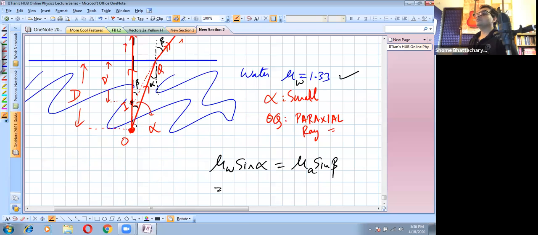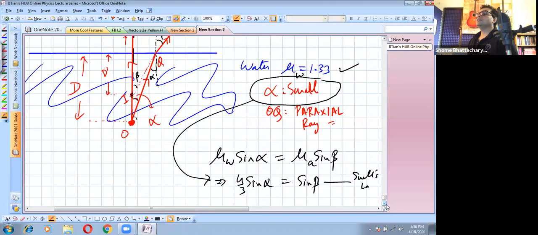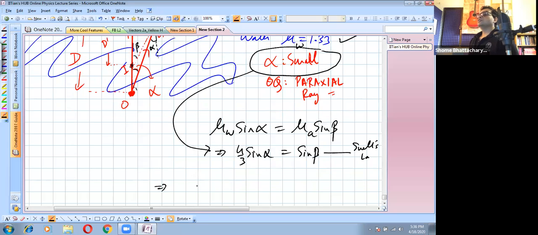So it just so happens that here 4 by 3 times sine alpha is equal to 1 into sine beta. So this is my Snell's law. Now add the fact that alpha is a small angle. So factor that in here. You can say that sine alpha tends to alpha. So we get 4 by 3 alpha tends to beta.